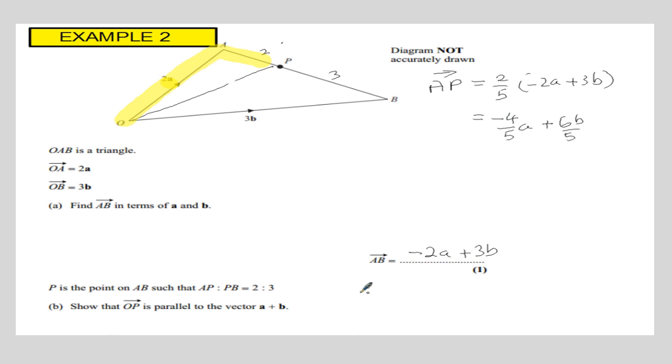So what we're looking for, of course, is OP, and OP is OA plus AP. So just to clarify that, that's OA to get to there, and then AP. We know that OA is 2A, and we know that AP is this expression here.